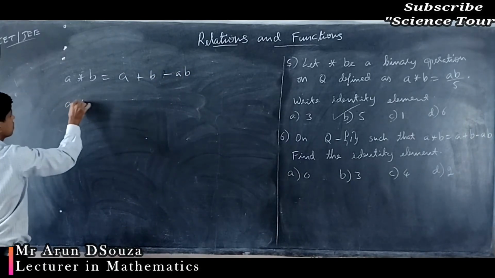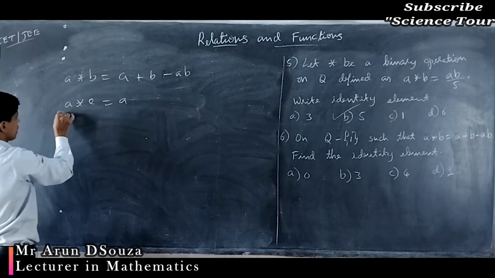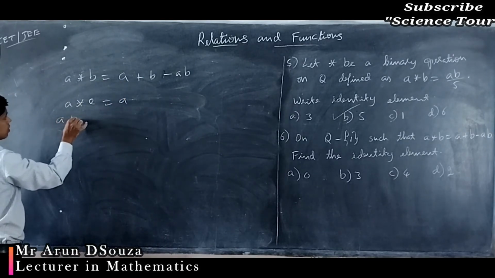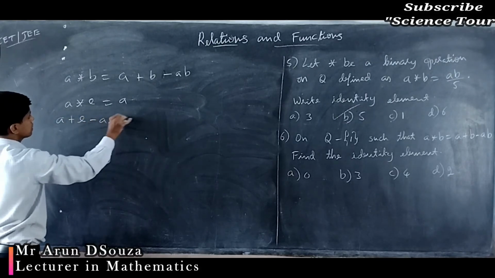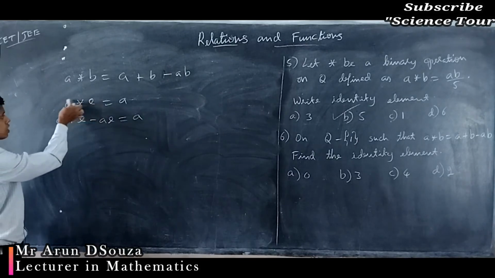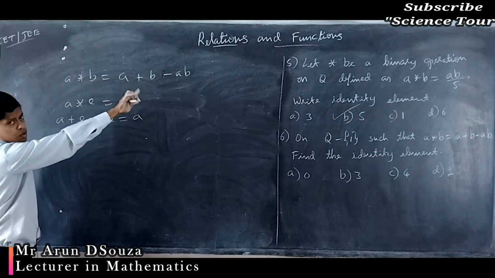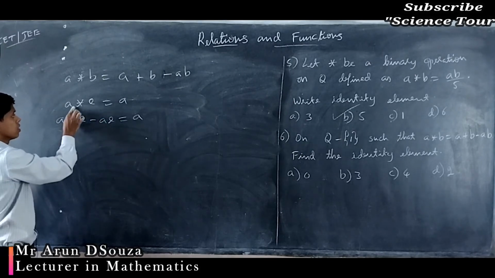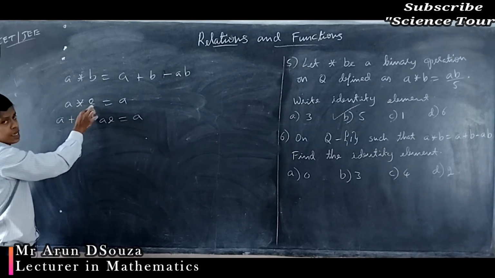Now A star E is equal to A. So A star B is A plus E minus AE, and that must be equal to A. I am just using the A star B formula here. I hope that's understood. This is the rule to find the identity element.